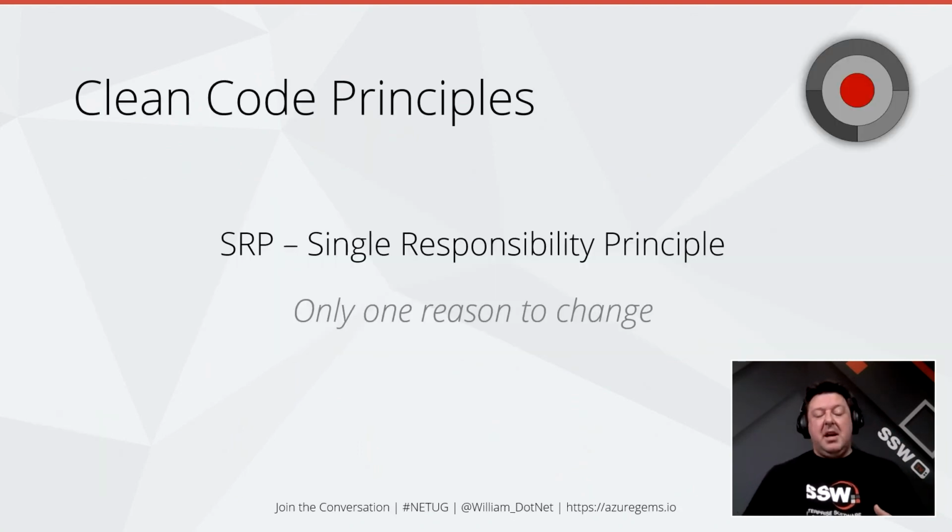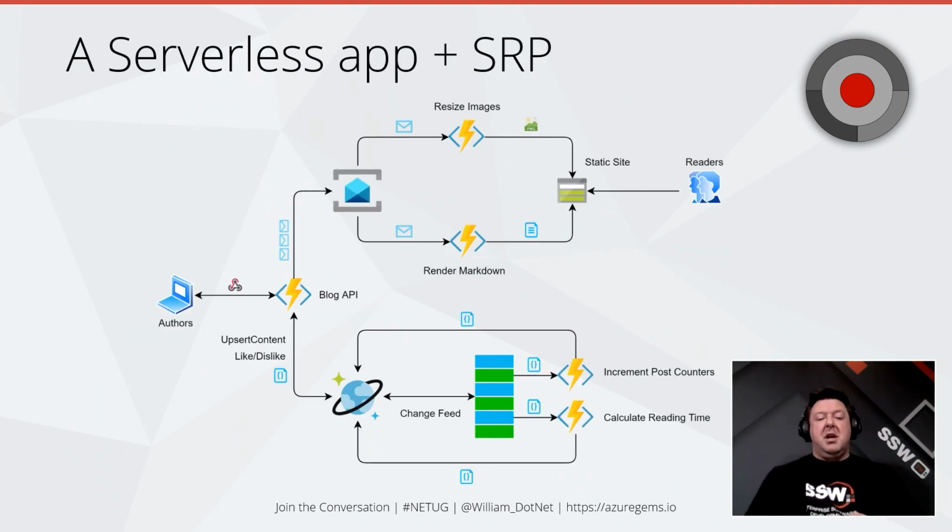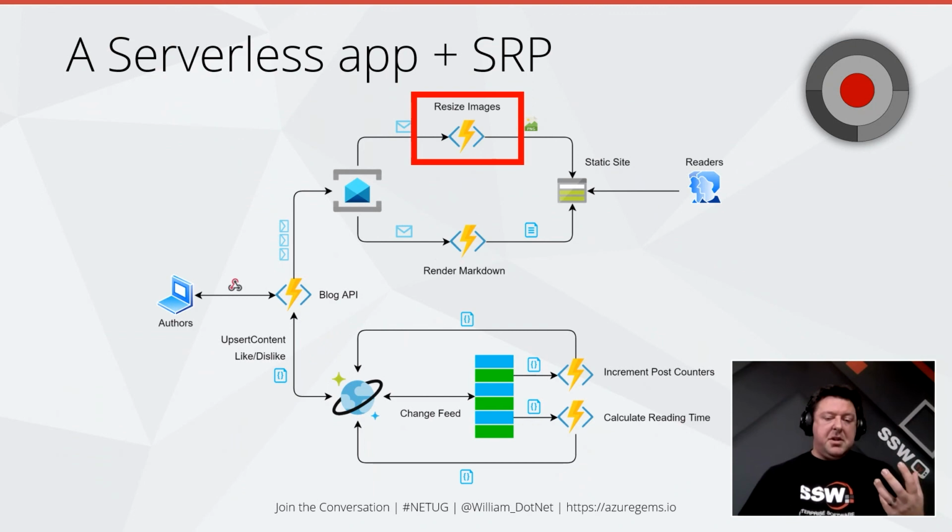First, the single responsibility principle. It means that an application should only have one reason to change. You should have one job. For instance, if we look at our application here, the resize images function should just resize an image. When it gets a request to do that, it should not go and start printing an image and emailing it off somewhere else.